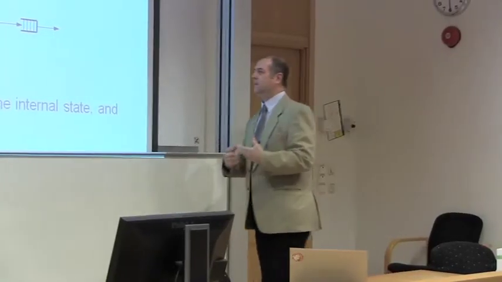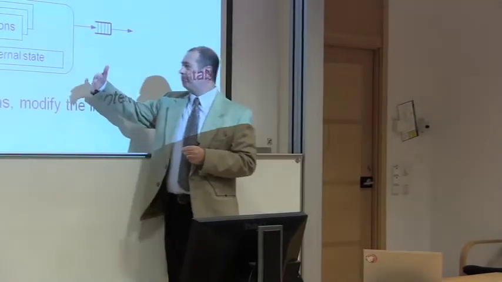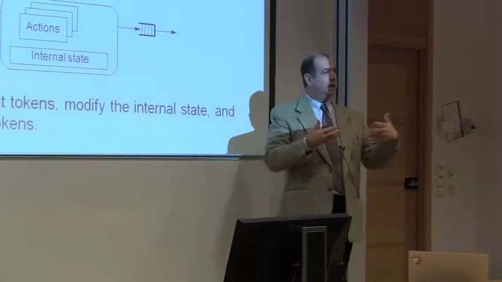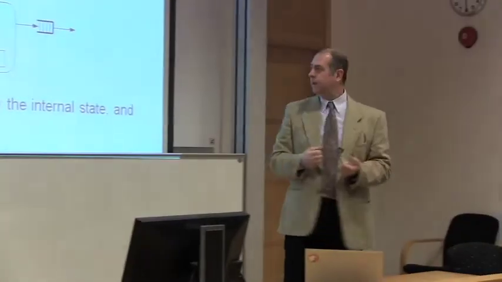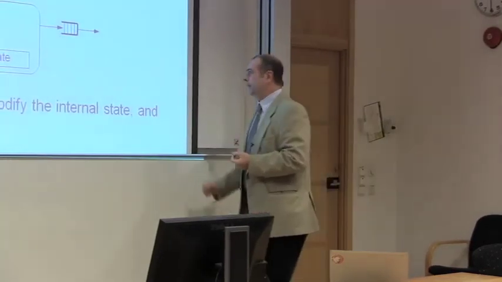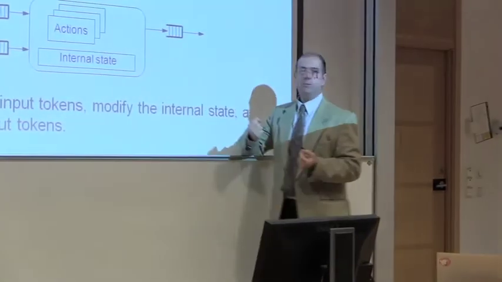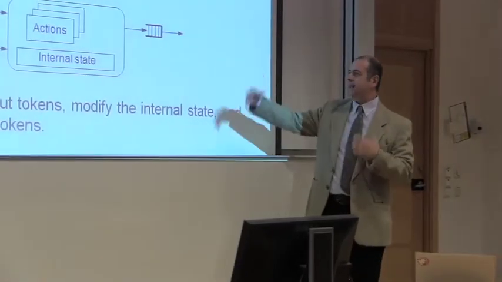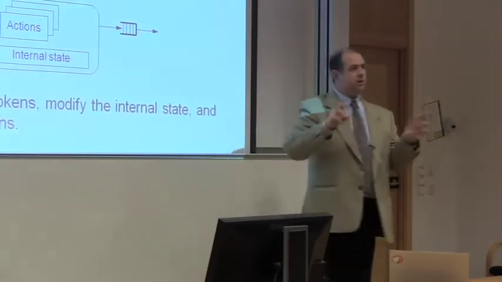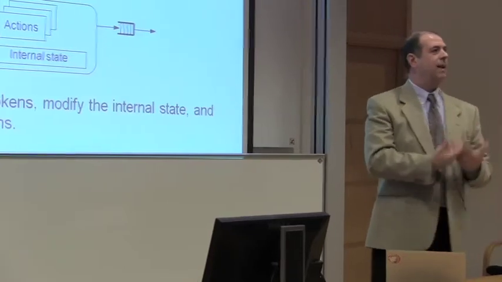This is based on the actor concept, which is a set of actions that can be run in parallel depending on input tokens that are derived from other actors. Basically, each action reads an input token and modifies the internal state of the actor, and then produces some output tokens. They go into buffers. And then you can build your application, which is intrinsically parallel in this case.